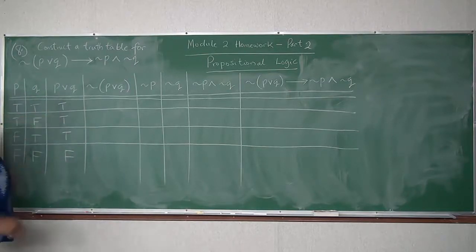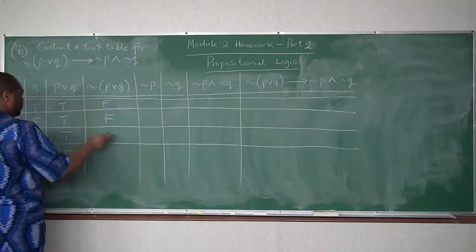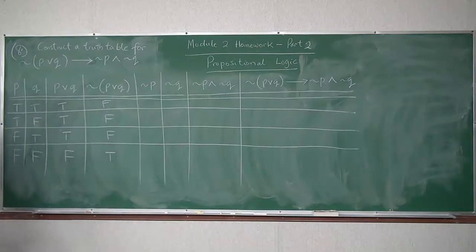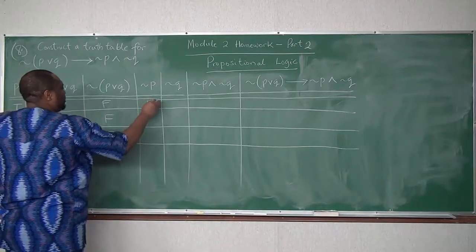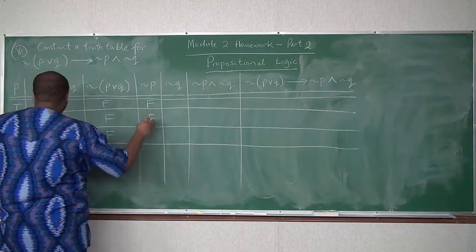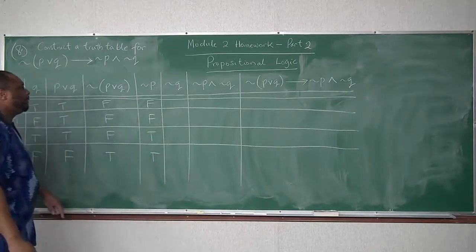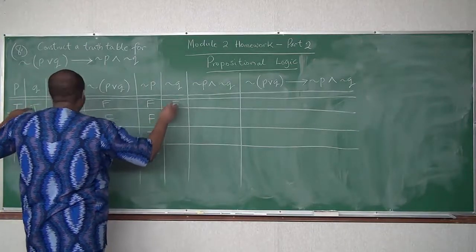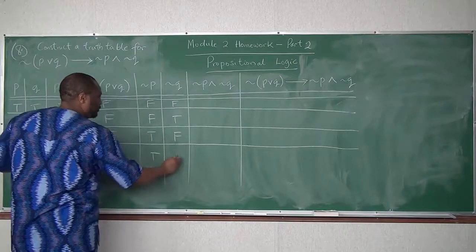Negation of this: not true is false, not true is false, not true is false, not false is true. Not P: not true is false, not true is false, not false is true, not false is true. Not Q: not true is false, not false is true, not true is false, not false is true.